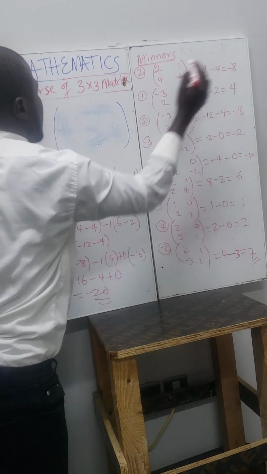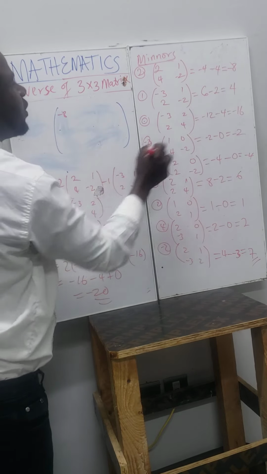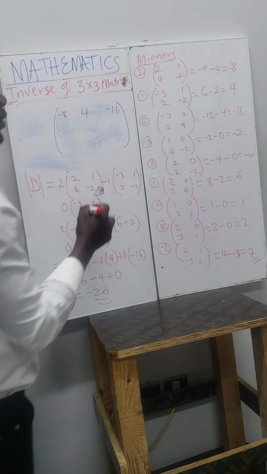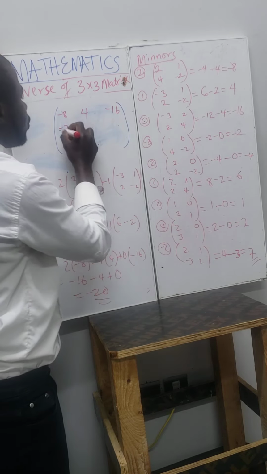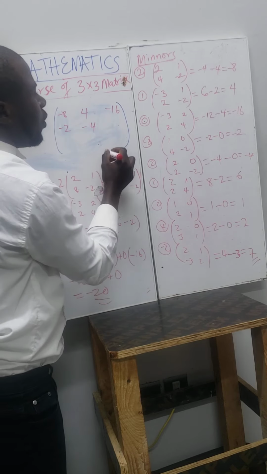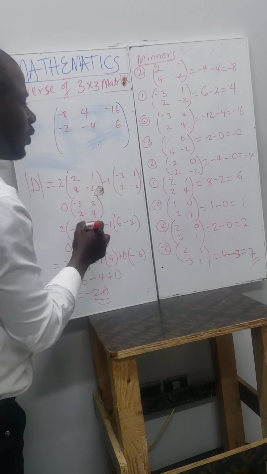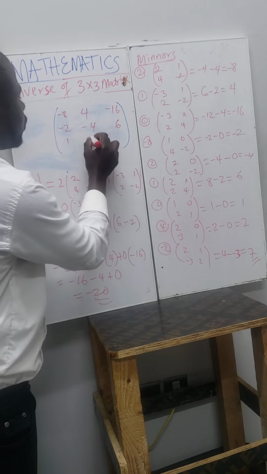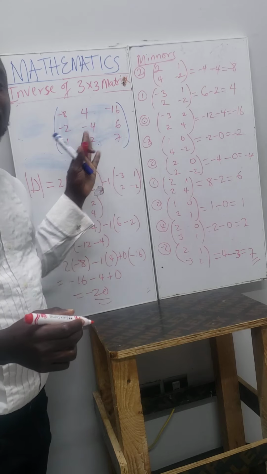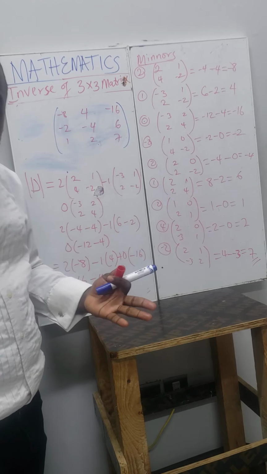I start with the first one. Minus 8, 4, minus 16. You understand? Minus 2, minus 4, 6, 1, 2, 7. These are the minors. Do you understand how we get minors?